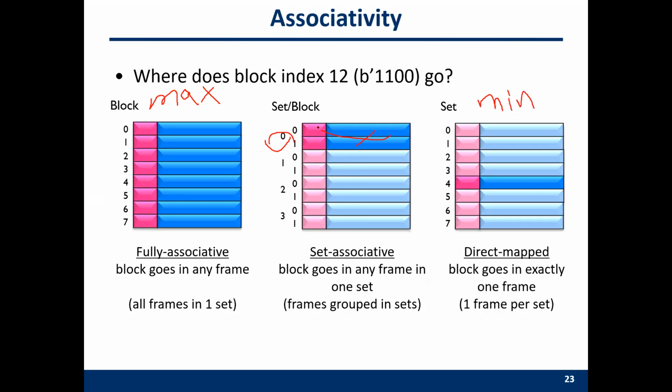Because in this group you have 2 blocks, you have 2 options. So set associativity is a combination of the fully associative cache and direct mapped cache. You can have multiple options, but not all the options.